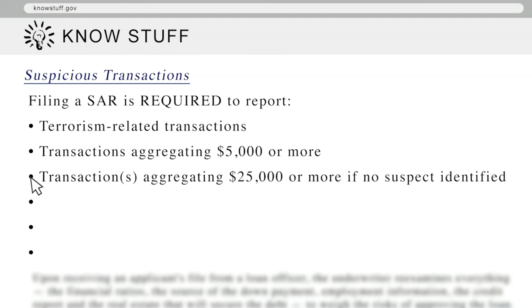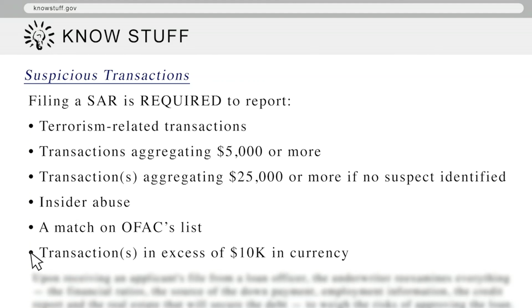A transaction or series of transactions aggregating $25,000 or more if no suspect has been identified. You suspect insider abuse. When you encounter a match on FinCEN's SDN list. And you must file both a CTR and SAR when a transaction or series of transactions are in excess of $10,000 in currency.